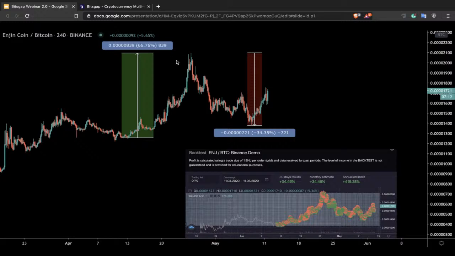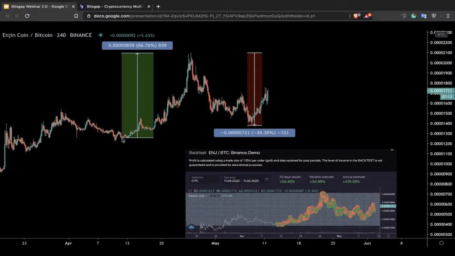So how can we use backtesting to generate trade ideas? Here's the example: NG trading to BTC. Starting from the 11th of April until the 11th of May, so that's a 1 month period, we see that the price has reached the higher high of 66%.